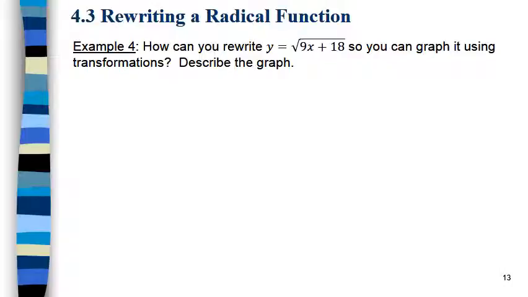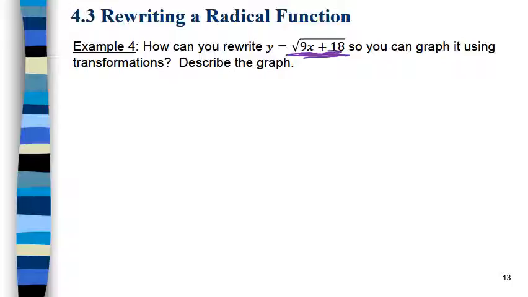Okay, so how can we rewrite a function so we can graph it using transformations? In this case, we're not sure if we're moving right 18 or left 2. So we can rewrite this equation using our radical rules.